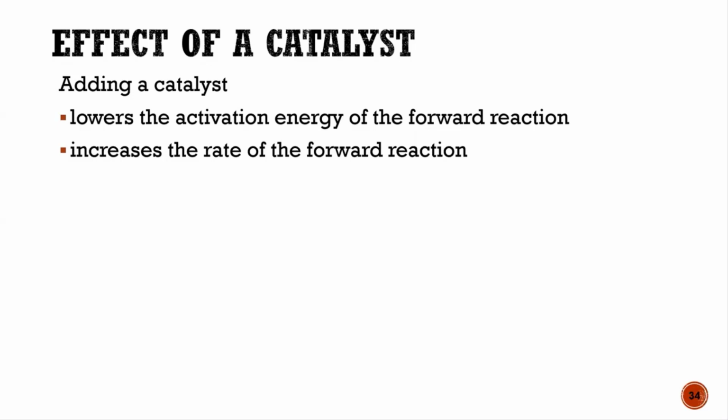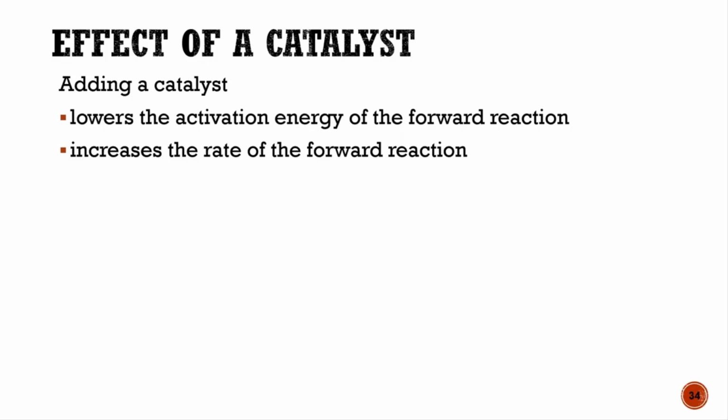We know earlier that catalysts lower the activation energy by providing the correct orientation for bonds to break and bonds to be formed. So it increases the rate of the forward reaction. We know that to be true.